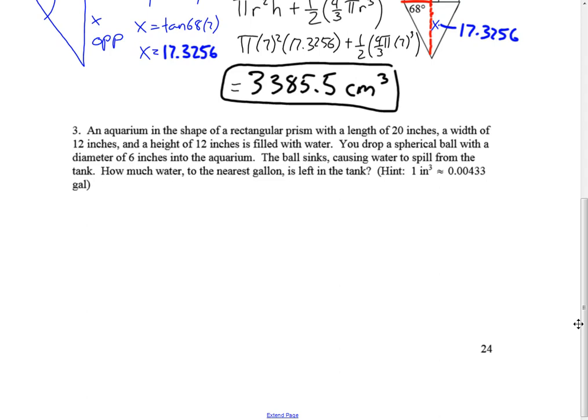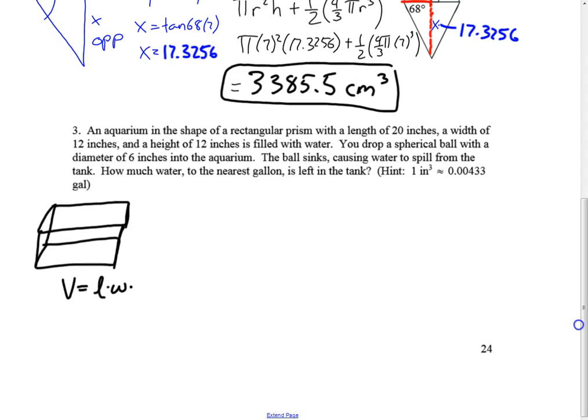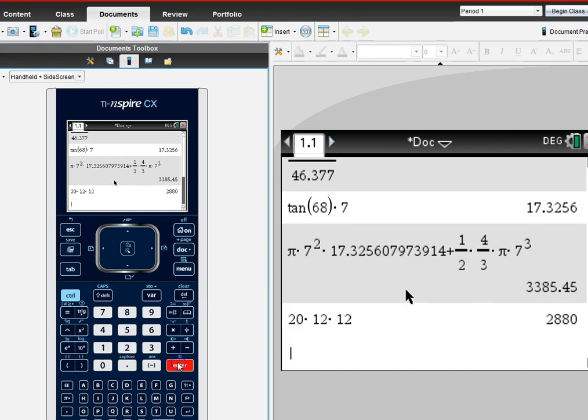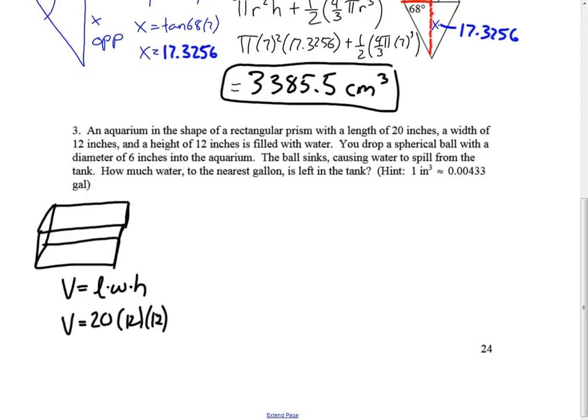First of all, we've got a rectangular prism here. The formula for a prism is length times width times height, or the area of the base times the height. So our volume is going to be 20 times 12 times 12. Let's calculate that first. 20 times 12 times 12 is 2,880.